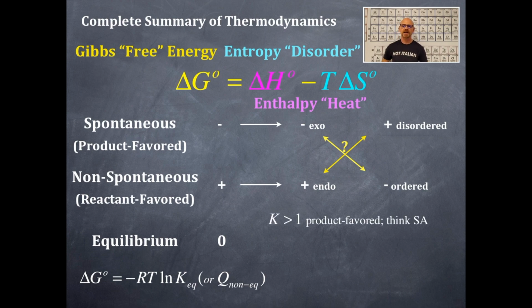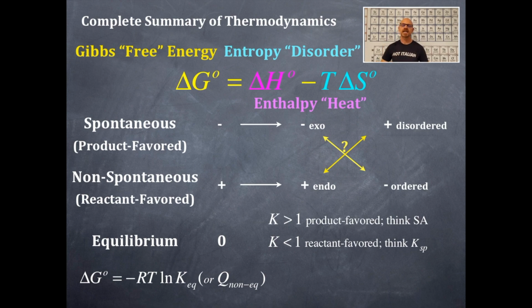Got that? Okay. When the K is greater than 1, we know the reaction is product favored. And think about a strong acid. Any strong acid, the K value is huge, so large that we say it is greater than 1. Okay? If the K value, the equilibrium constant, is less than 1, then it is reactant favored. Think about a KSP problem.